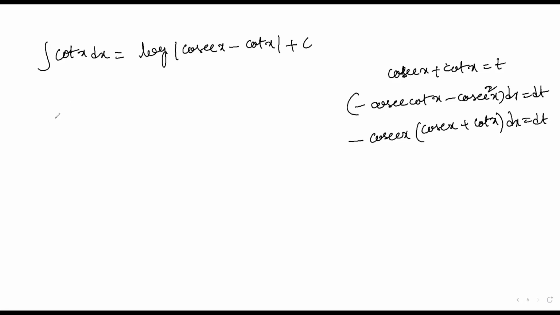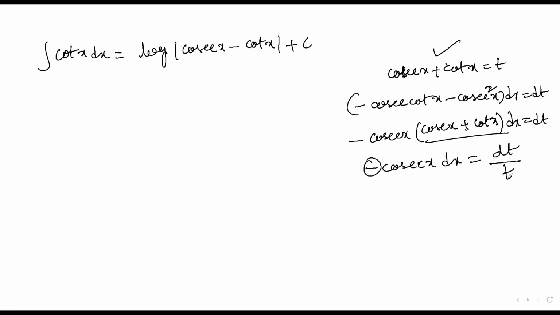Then this is minus cosecant x into dx equal to dt by t, where t is cosecant x plus cot x.